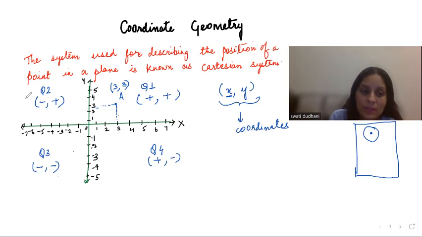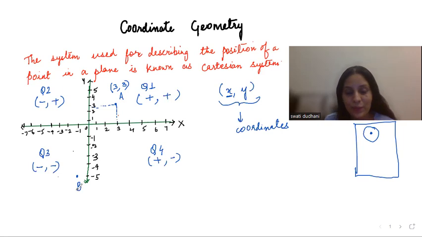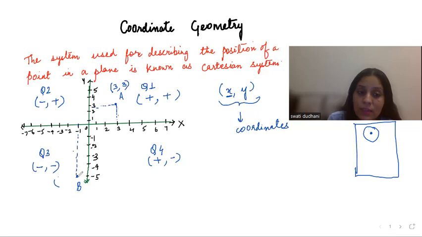Let's take one more example. Let us take this here. This is my point B. Whenever you represent a point, the capital letter should be there. You cannot use the small letter to represent a given point. Now here, the point falls at -1 on the x-axis and -5 on the y-axis.